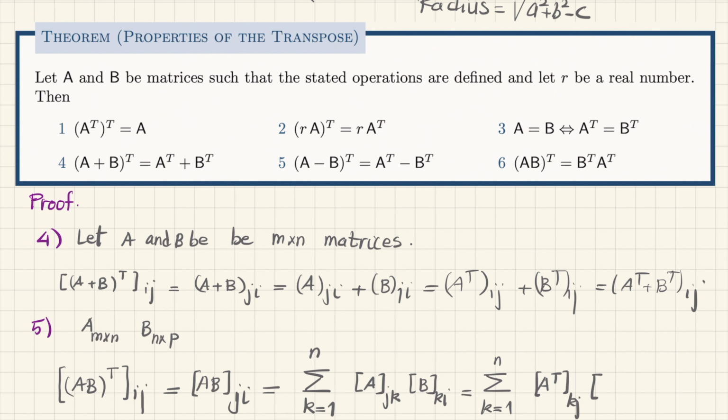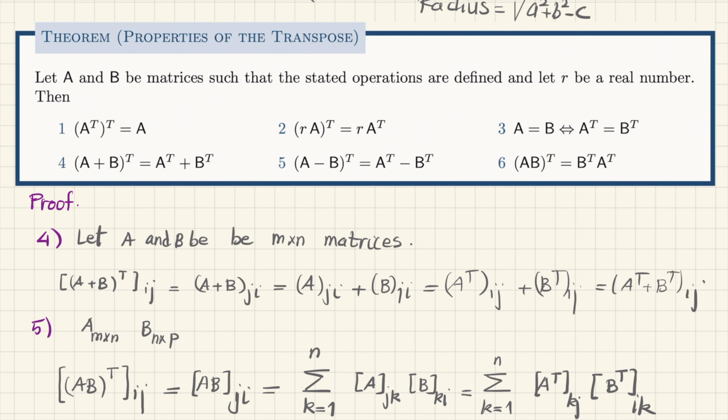And for the other one, I can write B transpose jk. But do you think this is the standard definition of matrix product? Yes, I have to write ik. Thank you. Okay, but do you think this is now the standard product of matrices?